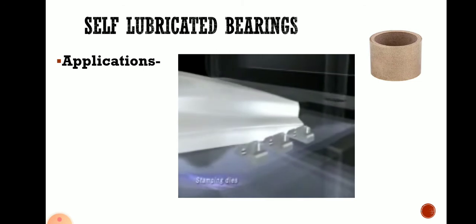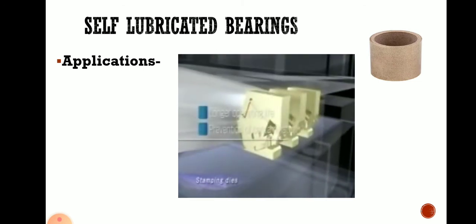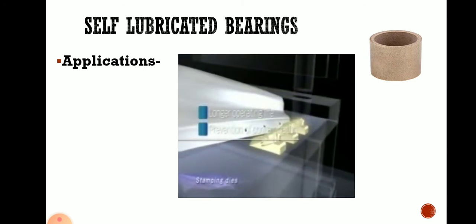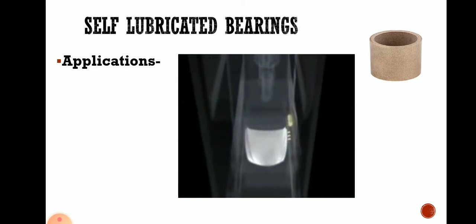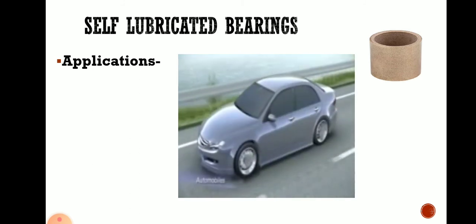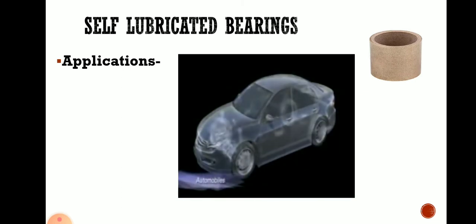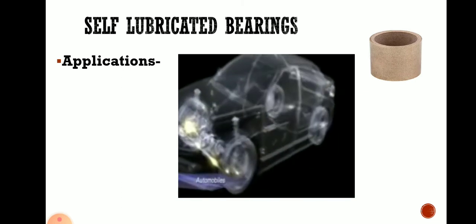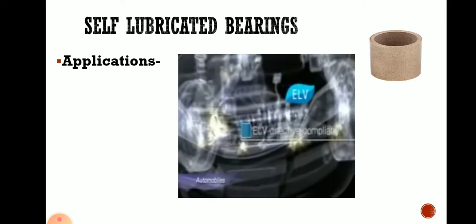This is again a press machine, where there are connections or clips between the upper pressing plate and the downward pressing plate. There are also self lubricated bearings in four wheelers. Many places are there where you can use the self lubricated bearing. Those are shown in this animation.